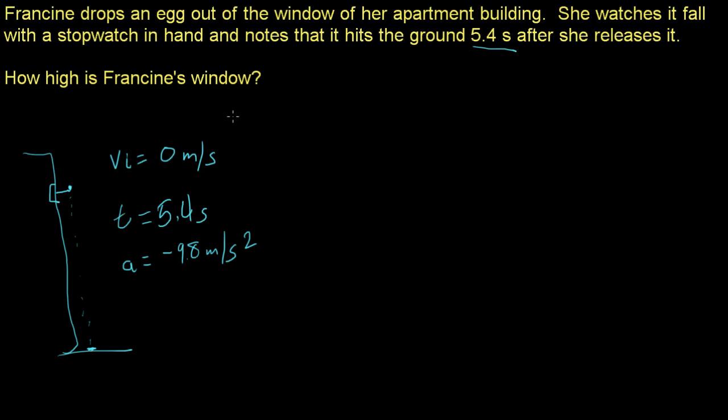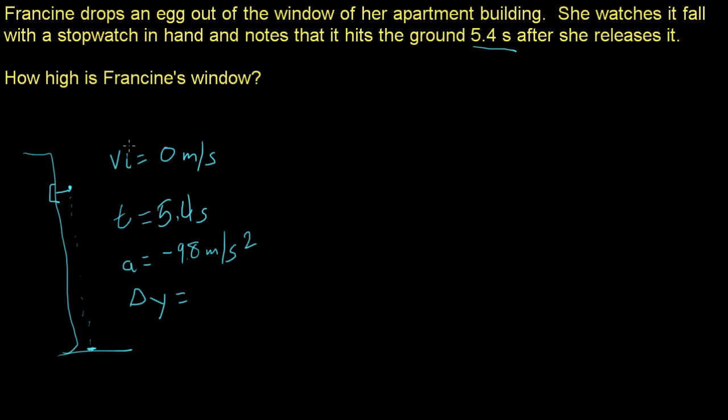So we want to know how high the window is. Well, that's how far it falls. It starts here and goes to here. We're looking for delta y, the change in y, how far it fell, or how far it ended up from where it started in this case. So, alright, vi, a, t, and delta y. Let's see.